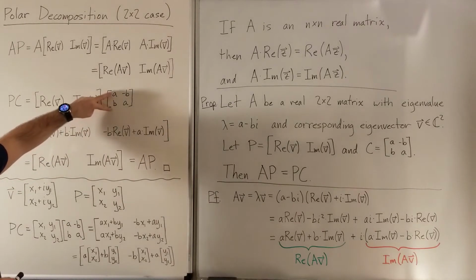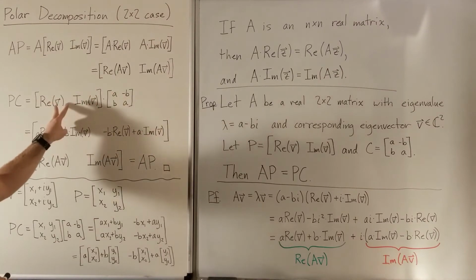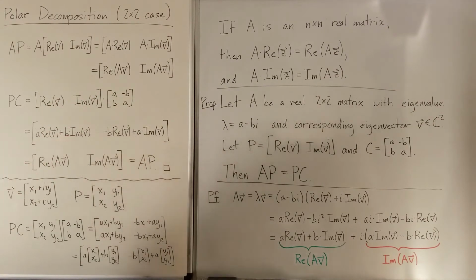If you're uncomfortable with this step right here where we distribute this column in to create the first column of this, I've written out exactly what the details of that are. We have our vector v is x1 plus i times y1, x2 plus i times y2. So the top coordinate has subscripts 1, the bottom coordinate has subscripts 2. The real part is x, the imaginary part is y.